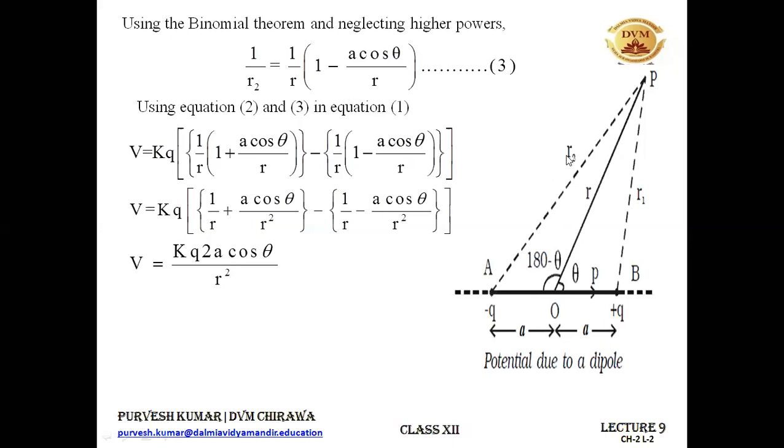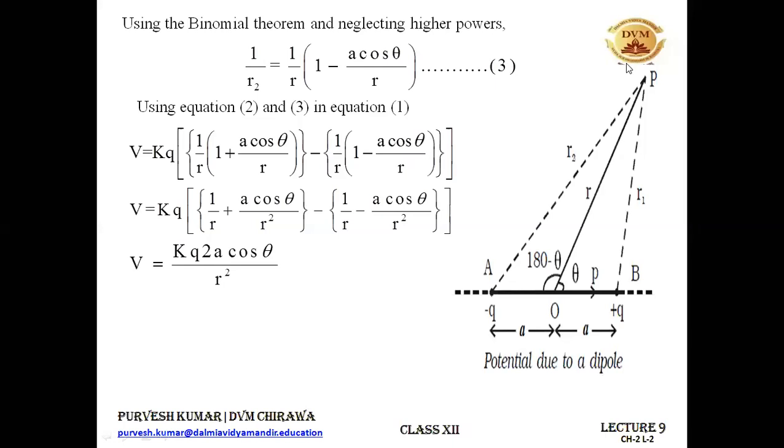So we write R2 square is equal to R square plus A square minus 2RA cos of 180 degree minus theta. Earlier we were finding R1 and applied it in triangle OPB, but now we have to apply it in triangle AOP. That's why. I hope it is clear to you. Still, if you have any doubt, please ask.